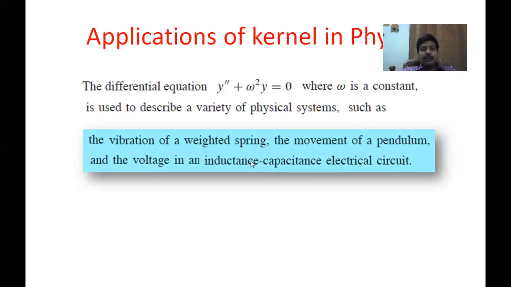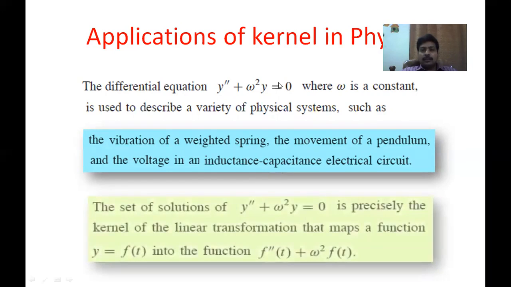The vibration of a weighted spring, the movement of a pendulum, and the voltage in an inductance, capacitance electrical circuit. In all these problems, you will come across this differential equation.